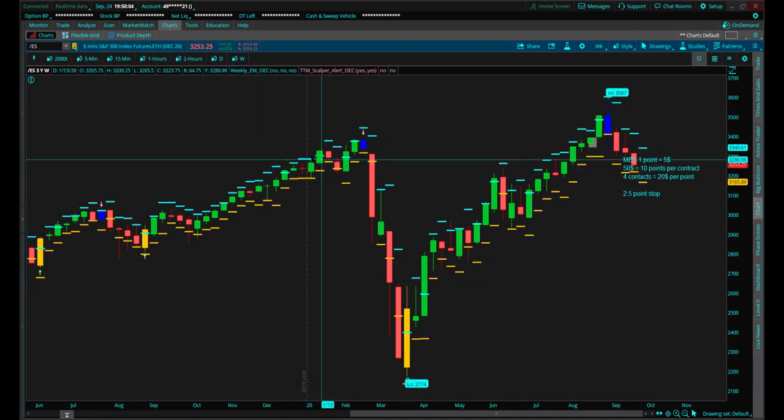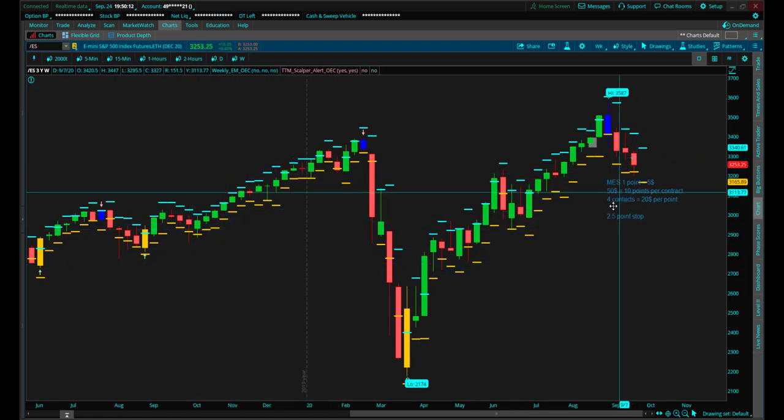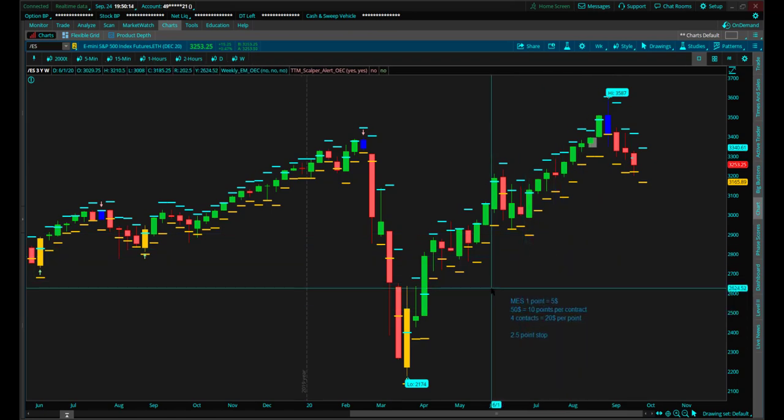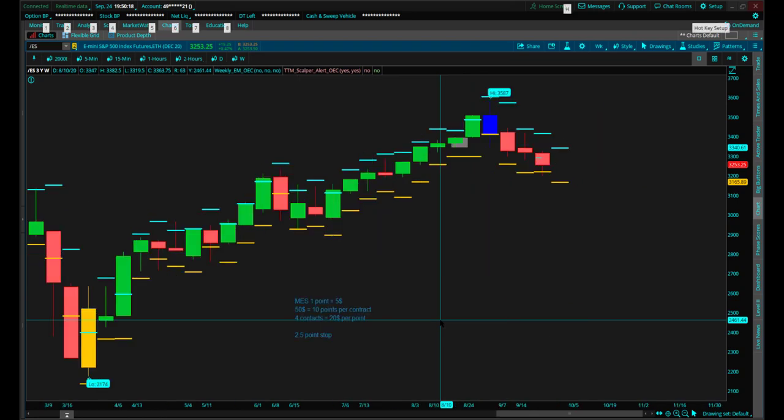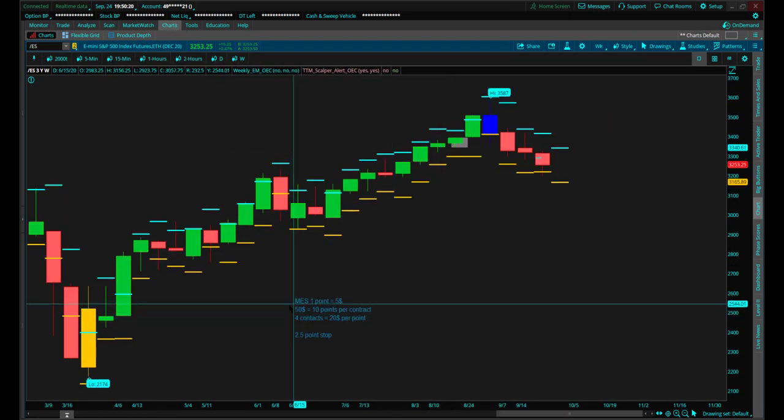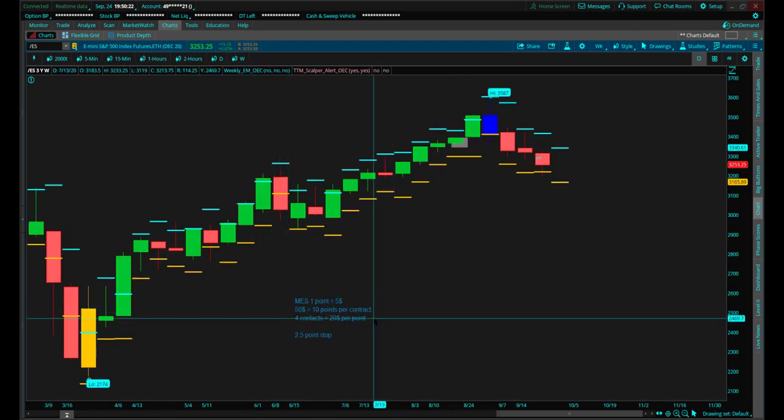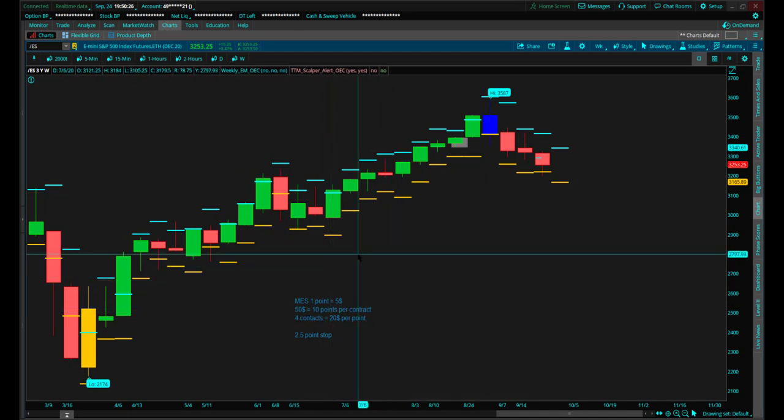There's a lot of different ways to use these higher time frame signals on the smaller intraday time frames. And all of that would require you to still know what your entry looks like and what your exit looks like, where you're coming from, and how big you're going to be in the trade, and where your money management is.